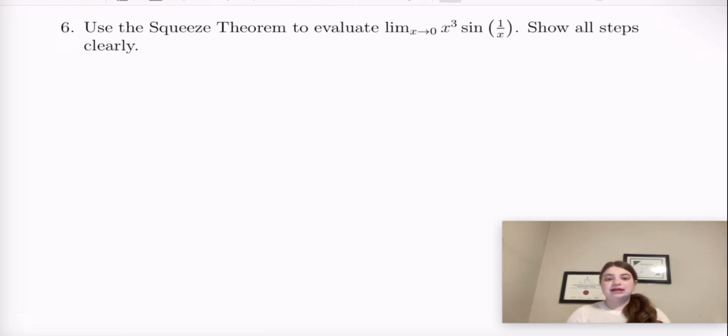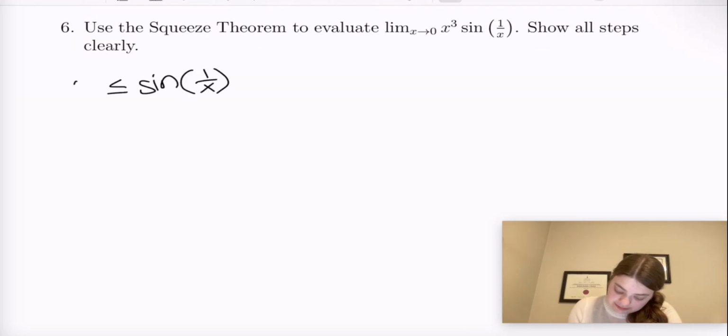This next one asks us to use the squeeze theorem to evaluate this limit and show all the steps clearly. First of all, we need to bound this by something in order to use the squeeze theorem. We know that the sine of 1 over x is going to be between -1 and +1.